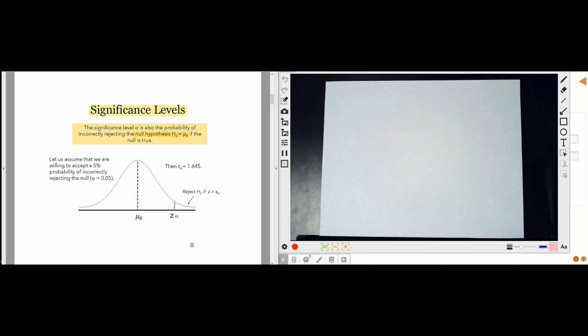Now, because the sampling distribution of the means of samples is normal with the mean mu naught, it is more likely that when we draw a sample and compute the mean of the sample, that mean is going to be near the true population mean.